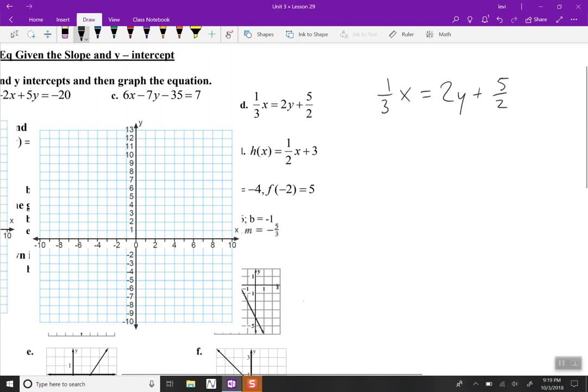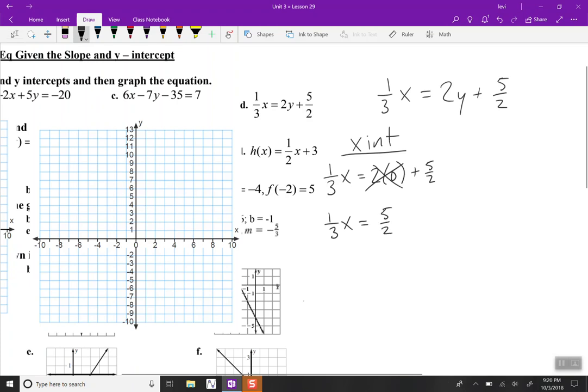We can just say, if we wanted our x-intercept, we know that y is 0. I'll do it out the long way. 1/3 x equals 2 times 0 plus 5/2. All that does is eliminate that middle term, just like we're always doing. So we've got 1/3 times x equals 5/2.